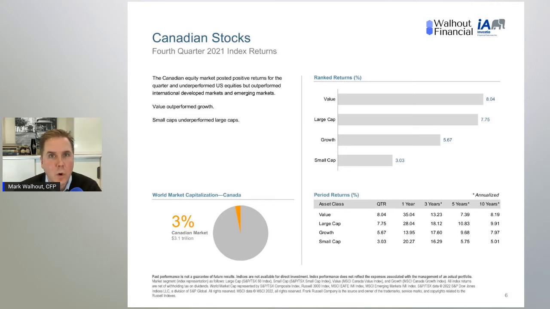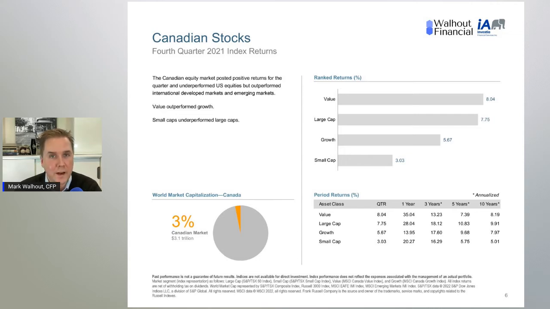Historically speaking, when you overweight Canada, which tends to be a little heavier in things like resources, materials, and financials, that overweight has shown favorable results in back tests. When you compare holding Canada at its market cap weight versus an overweight, the portfolios are actually a little less volatile without sacrificing returns.